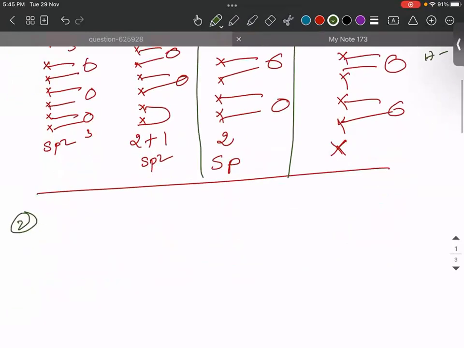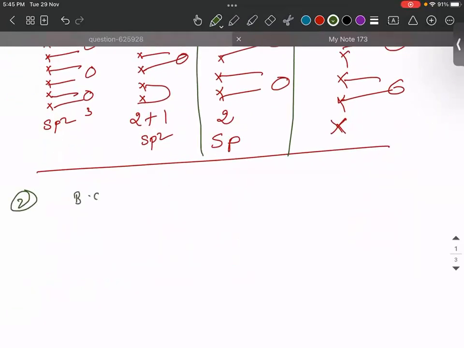So the bond order 1.5. Okay. So what are the things they have given? Oxygen only. So first you write for oxygen. Sigma 1s2, sigma star 1s2. Oxygen O2 means what?